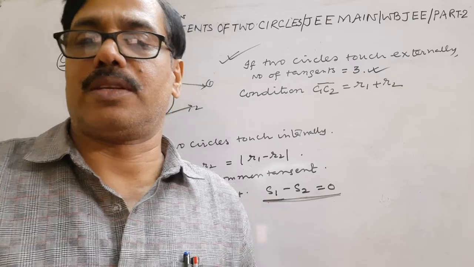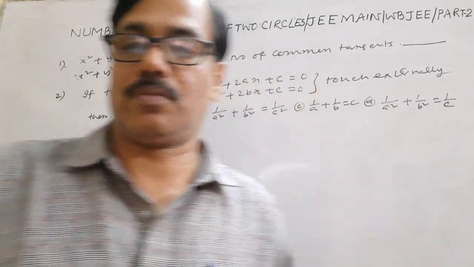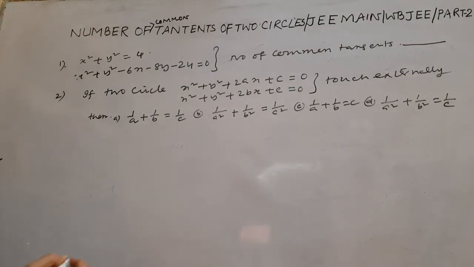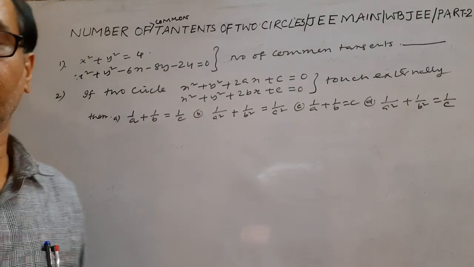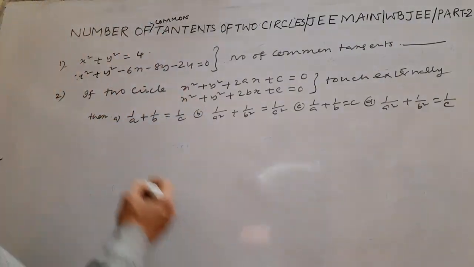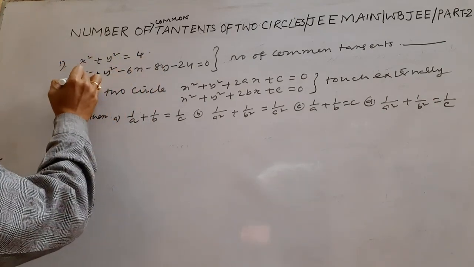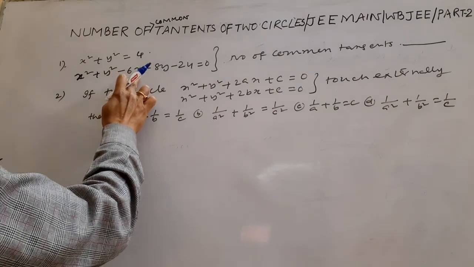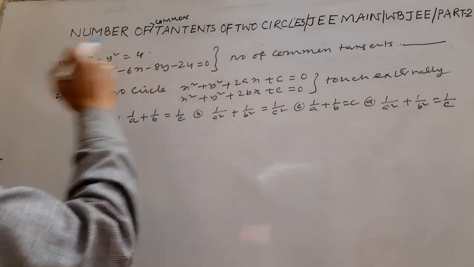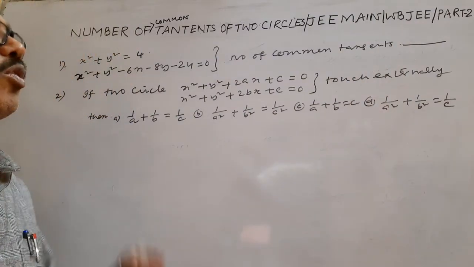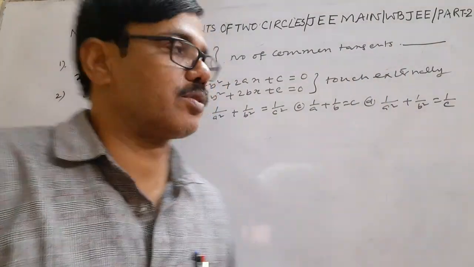Now, application. x square plus y square equals 4, and x square plus y square minus 6x minus 8y minus 24 equals 0. Find the number of common tangents of the two circles.